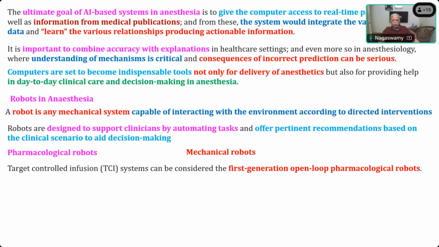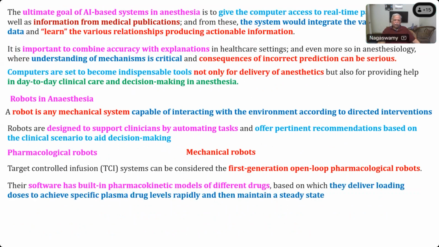And then if there is an emergency in between, you have to give a bolus press and give a little bit extra dose. So it was a little open loop method. But later, when the feedback was available from the patient in the form of monitoring or other depth of anesthesia monitoring, software was built in with pharmacokinetic models of different drugs, and they deliver doses to achieve specific plasma levels to maintain a steady state.